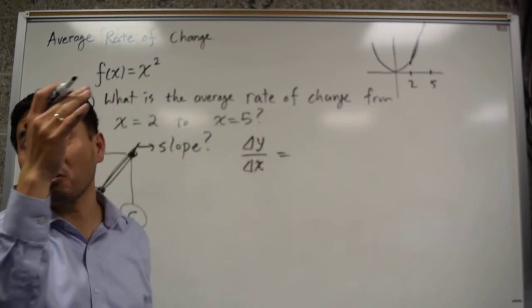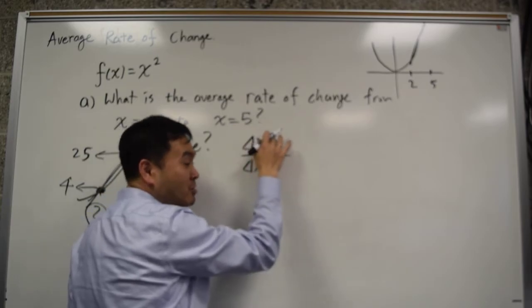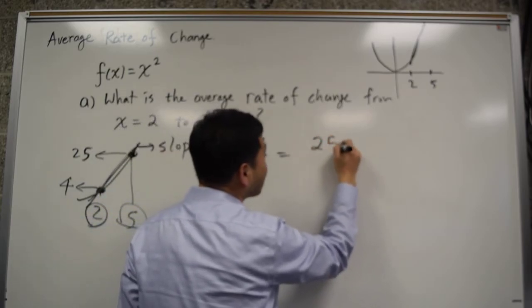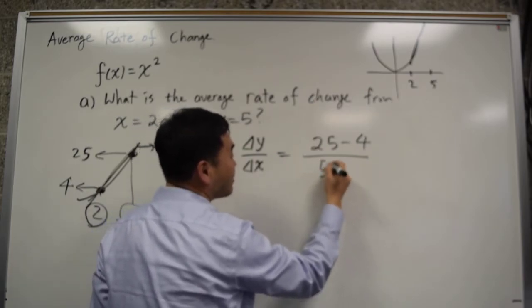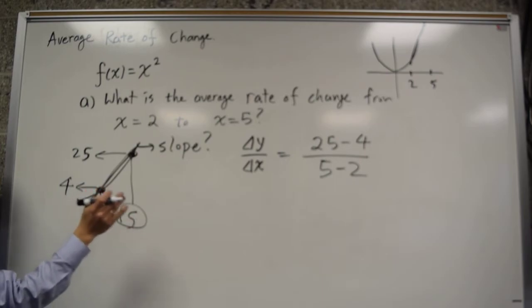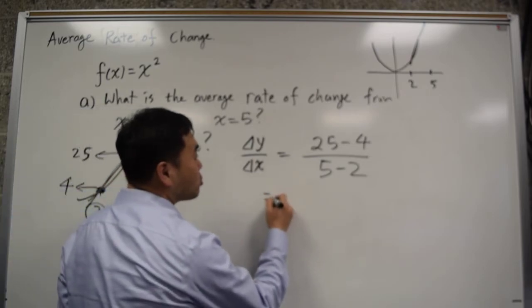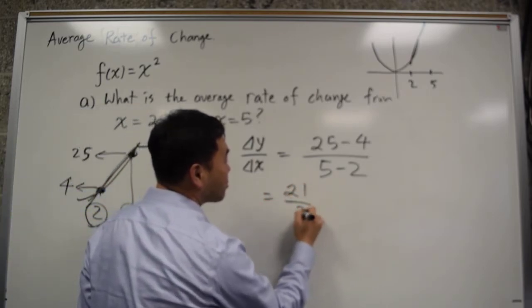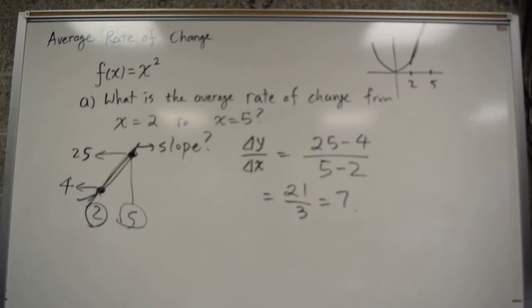I noticed that some of you got this backwards on the exam. Change of y should be on the top. So it's 25 minus 4 over 5 minus 2, because it's from 2 to 5. It's always terminal values minus initial. That gives you 21 over 3, which is 7. So 7 is the rate of change.